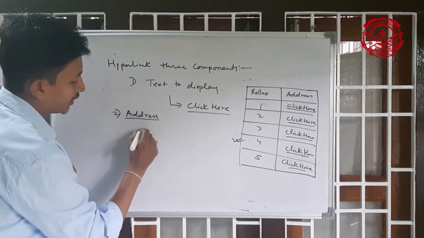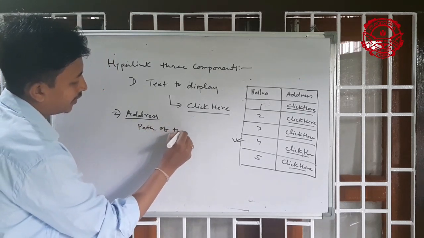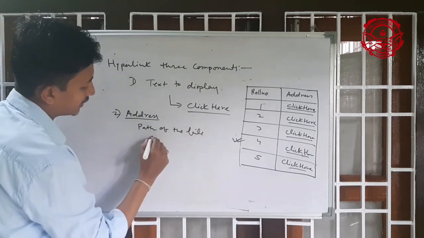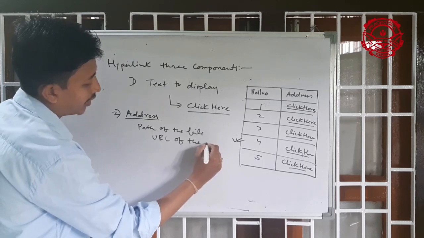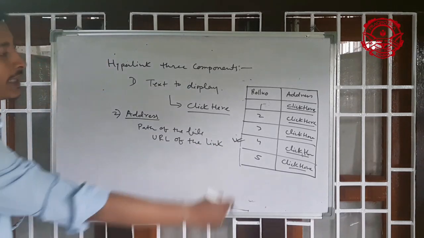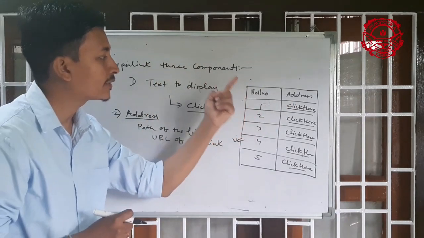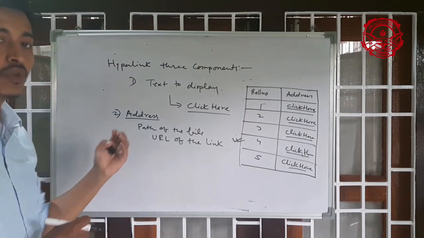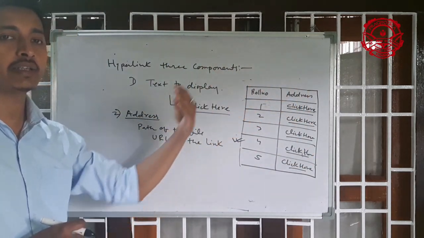Address means the path of the file, or the URL of the link. For example, click here. The address of roll number 1 is stored in the C drive or D drive, in some file or folder.